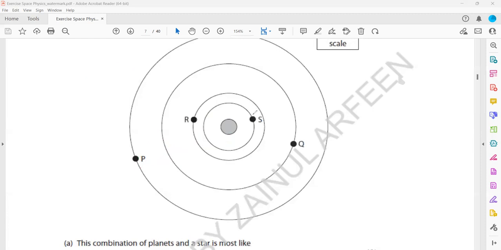And then what is the maximum distance between them? How can we work out the maximum distance? To get the maximum distance, R should be on the opposite side, like R should be here.